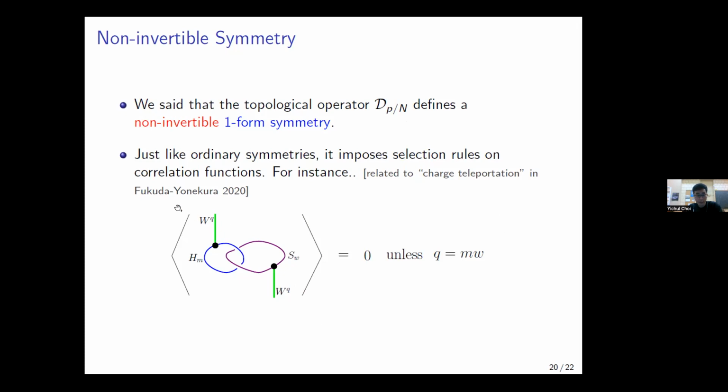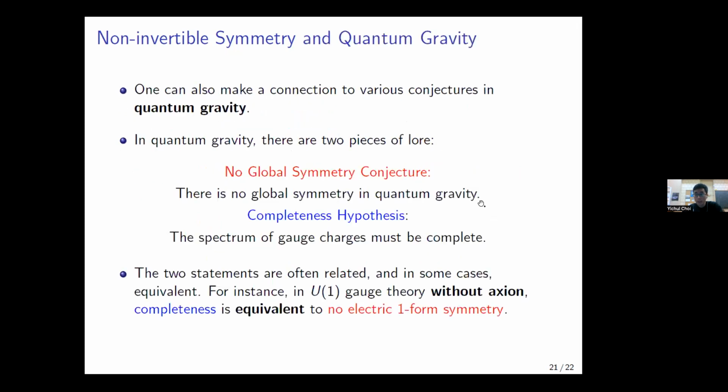I'm not sure if I have time to explain this during the talk, but if there is any interest, I will be happy to say more about this selection rule after the talk. And we can also make a connection to various conjectures in quantum gravity related to global symmetries.